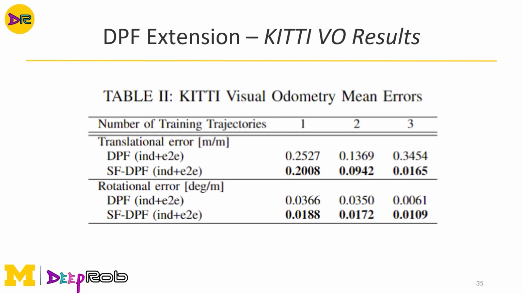But with the sensor fusion, you see on the second line, we were able to get really, really good results, with our best model being from training on 3 trajectories, which had a translational error of 0.0165 and a rotational error of 0.0109.